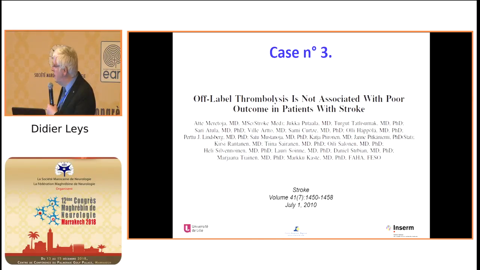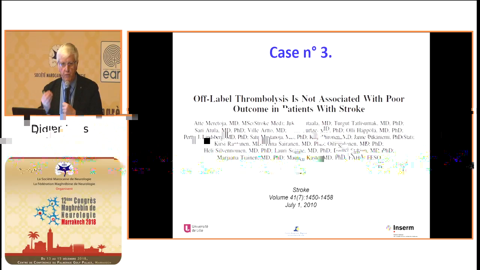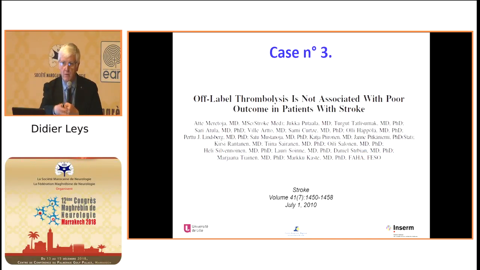But we have a lot of observational data showing that we usually have no complications of TPA. The aneurysm will bleed at the moment of the thrombolysis, or been treated probably. And if you look at this study from the group of Markku Kaste in Helsinki, on off-label use of thrombolysis, you have many patients with aneurysms who were treated.